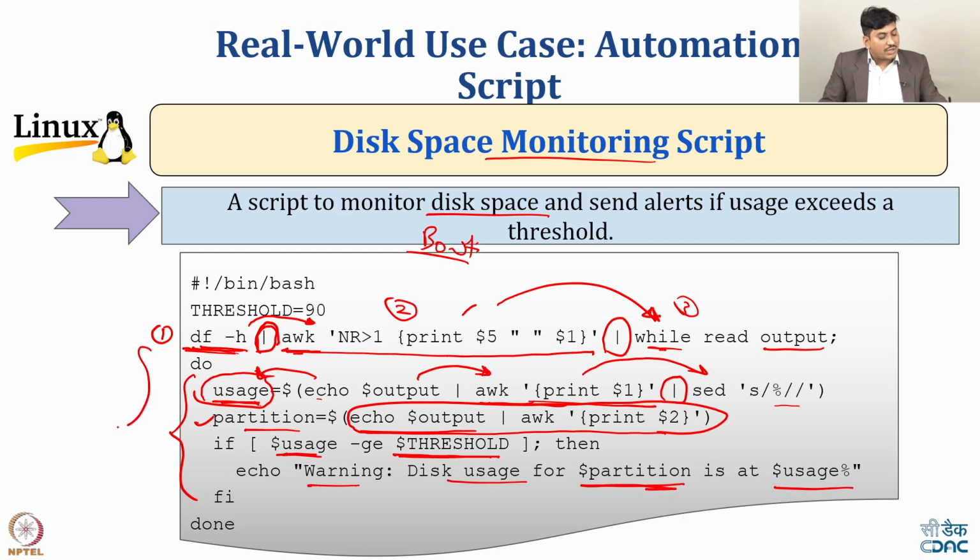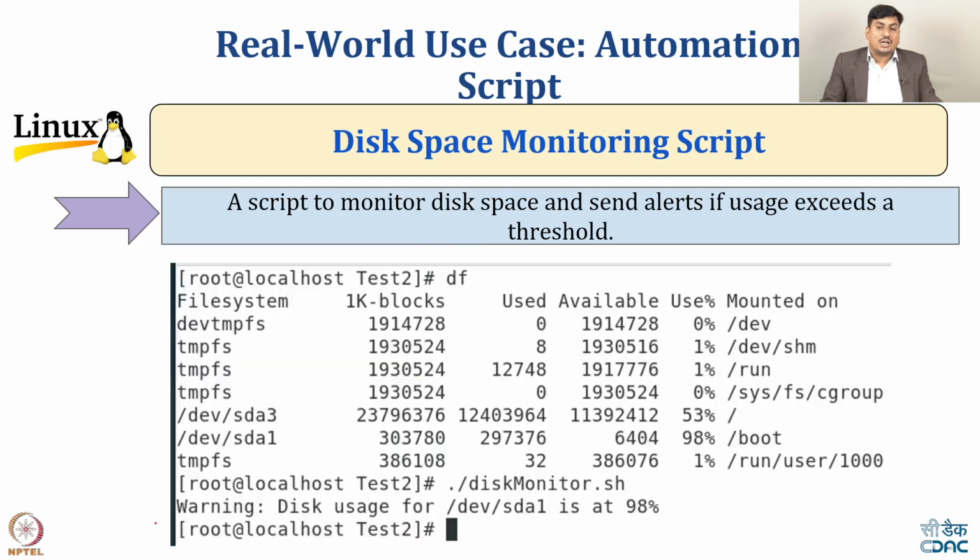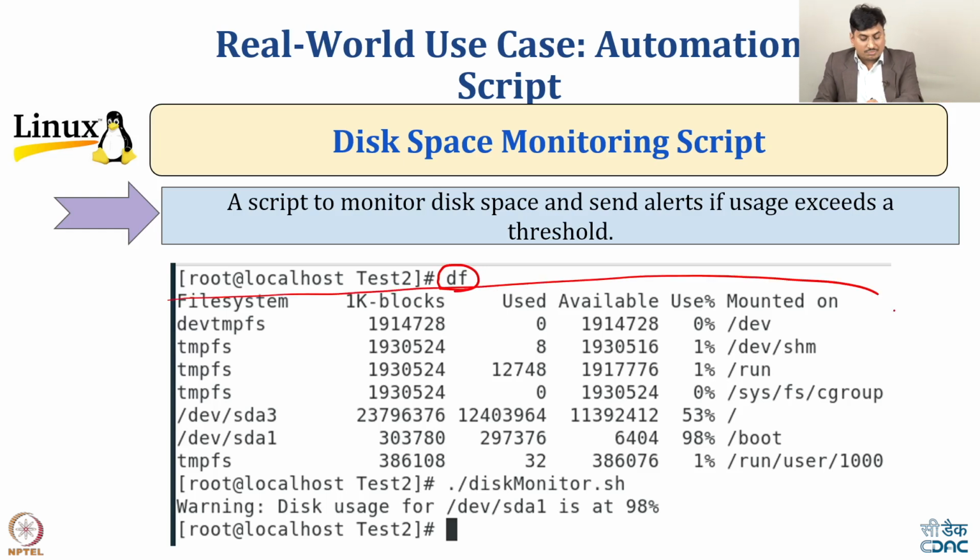So when I run the same program, how does it look? Just for example, if I run the df command standalone, it gives me this much information.